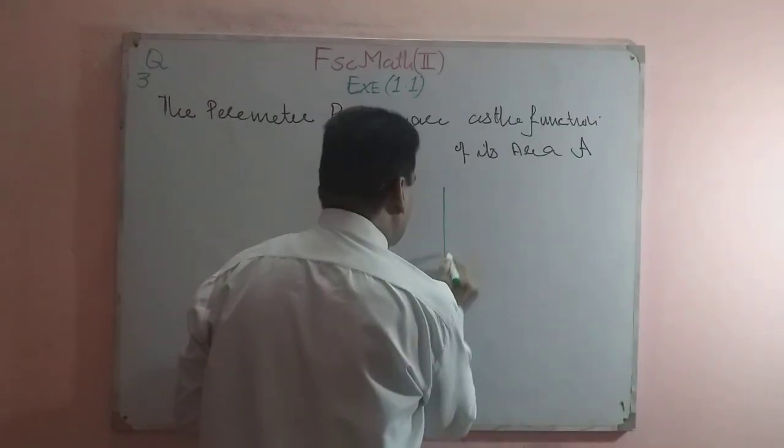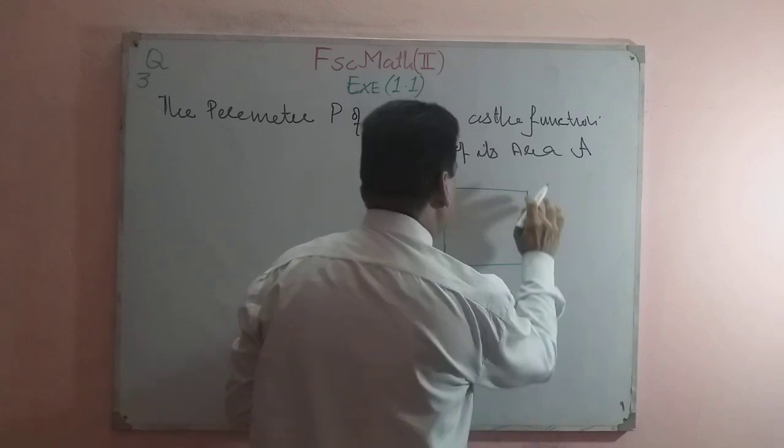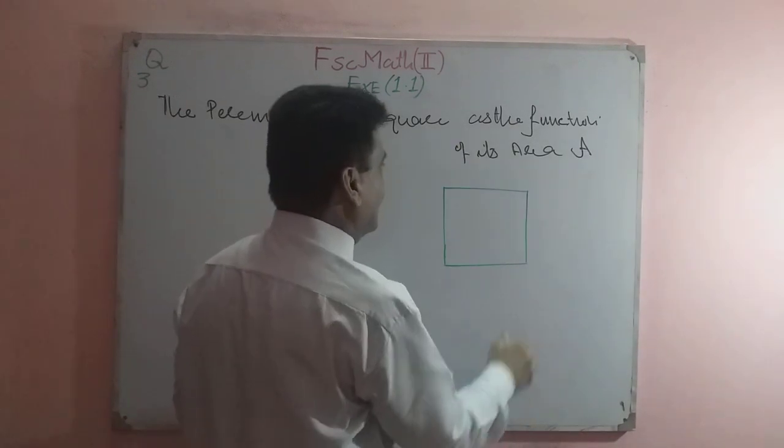we draw the square first and then find the perimeter of the square. The perimeter of a square means the length of its boundary wall.